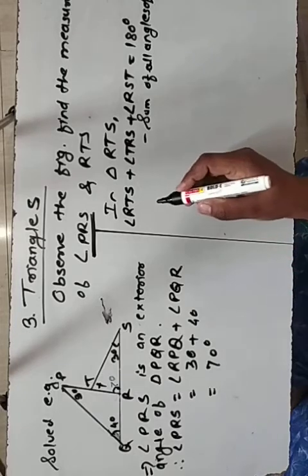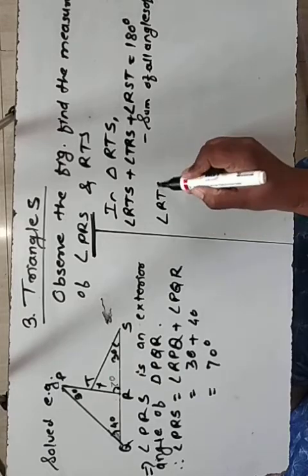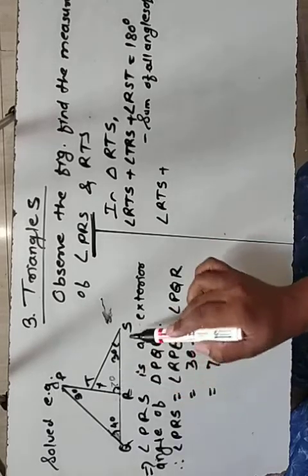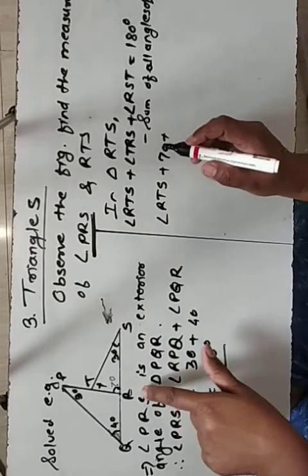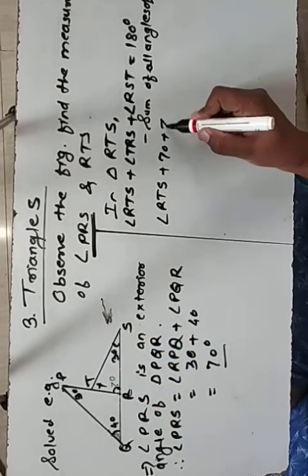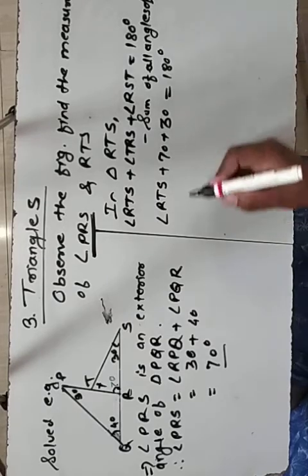Now RTS is what we have to find out. TRS is 70, as we found here. Then RST is 30, and the sum is equal to 180 degrees.